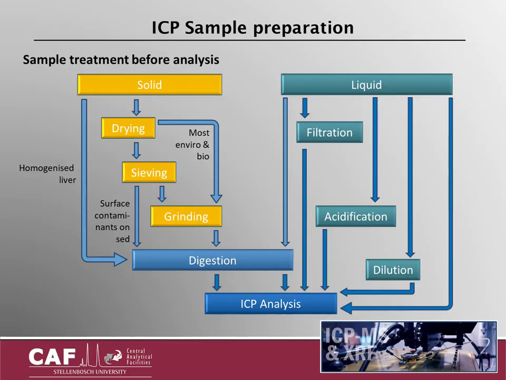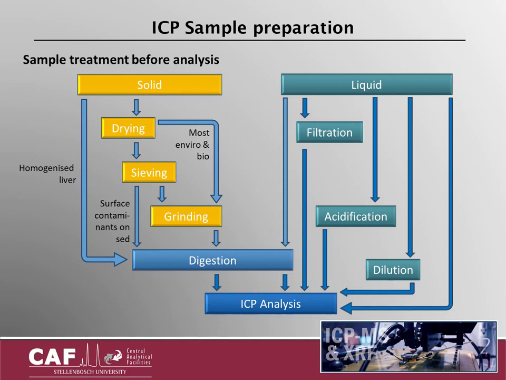So solid samples could either be directly digested instead of undergoing any treatment like drying, sieving or grinding. This could be, for instance, if you have a biological material such as homogenized liver, it's going to be wet digested, so it doesn't need to undergo any of the different steps.